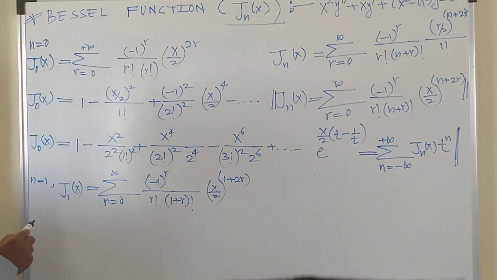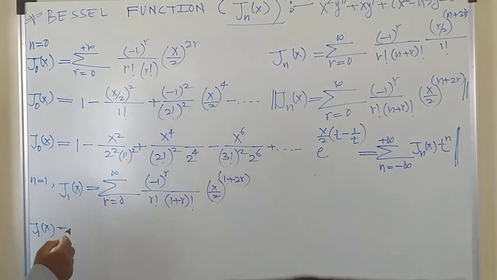And if we expand this by putting the values of r from 0 to infinity, if you put r equals 0, you will get 1 upon 1 factorial, that means 1 only, into x by 2 raised to power 1.